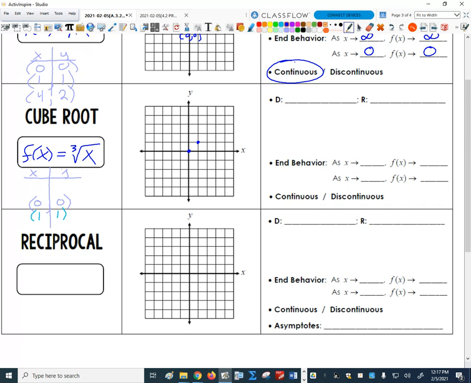So if I input an 8, I output a 2. So I've got to go over 5, 6, 7. So that's about right there, let's say. So I've got points 0, 0, 1, 1, and 8, 2. And it looks like that.